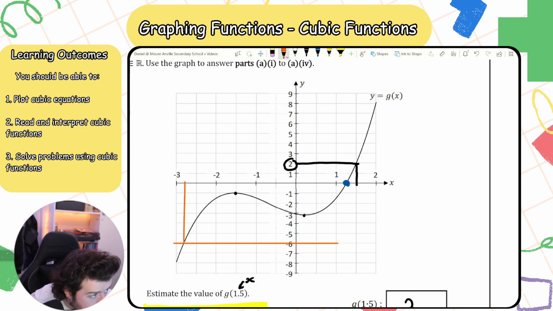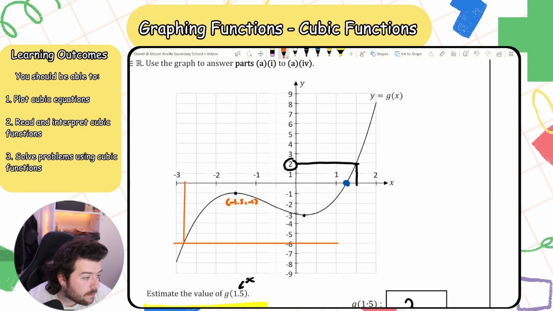So, when x equals minus 1.5 and y is equal to minus 1. So that'll be my first point here. So minus 1.5 and minus 1. And then that'll be my local maximum.